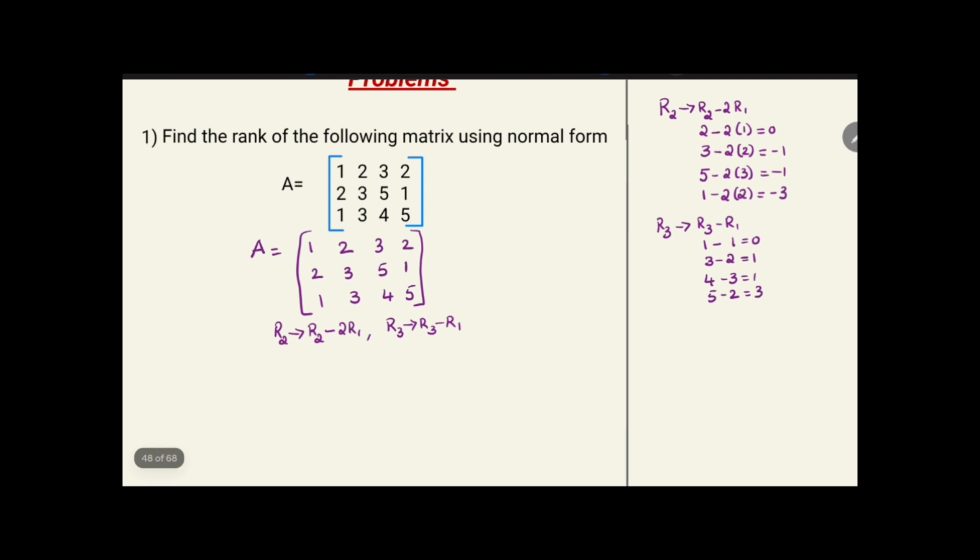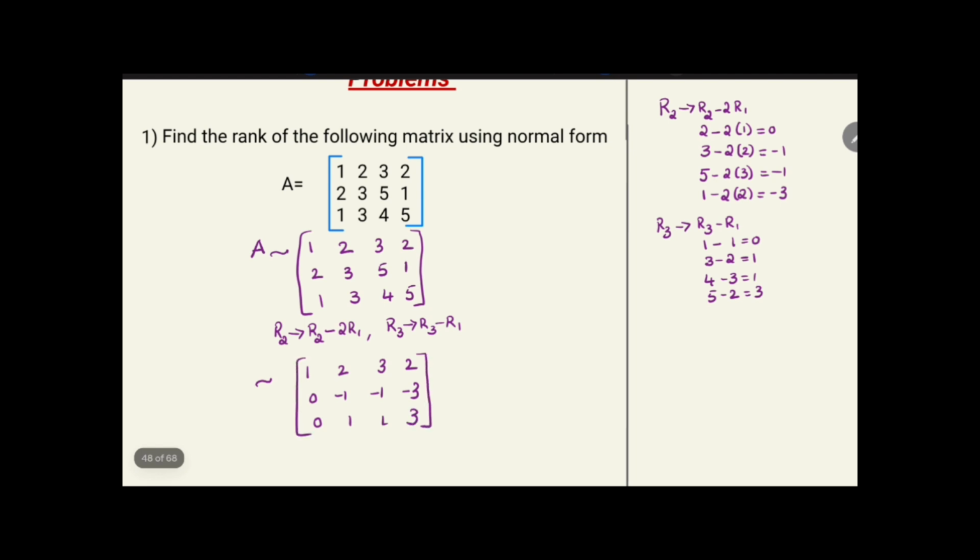Now let us replace this R2 and R3 here. The first row remains the same, that is 1, 2, 3, 2. R2 is 0, minus 1, minus 1, minus 3. And R3 is 0, 1, 1, 3.